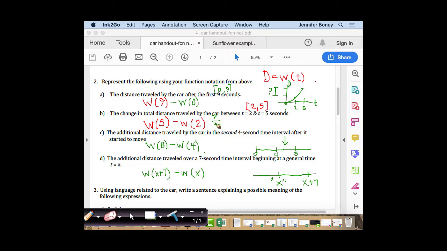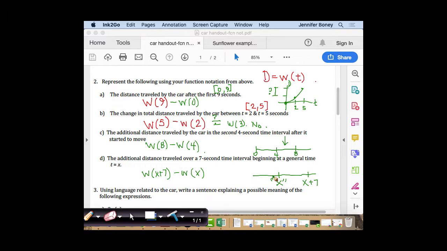Is this the same as W of 3? Answer is no. But this is how far the car has traveled after 5 seconds. This is how far it's traveled after 2 seconds. This is how far it's traveled after 3 seconds. So those could happen to be the same number. Subtracting those first two equals the same number of miles as a third, but the symbols certainly don't mean the same thing.